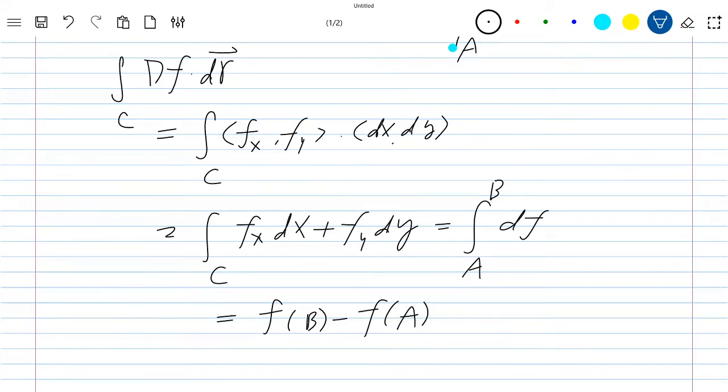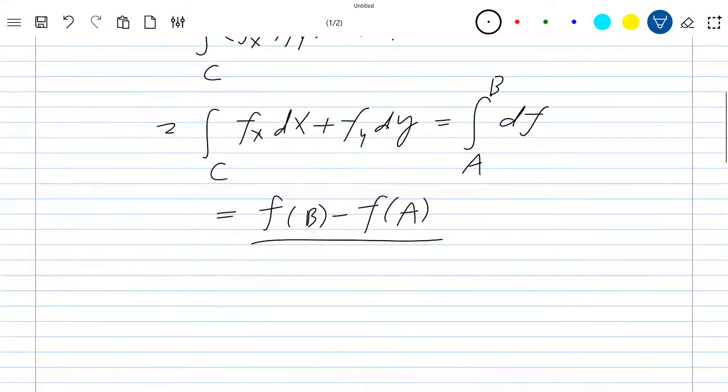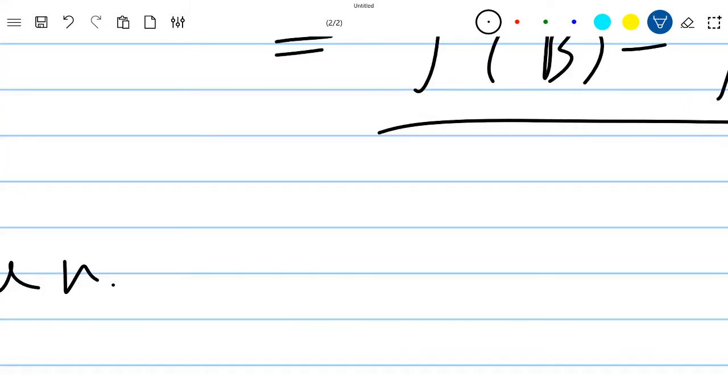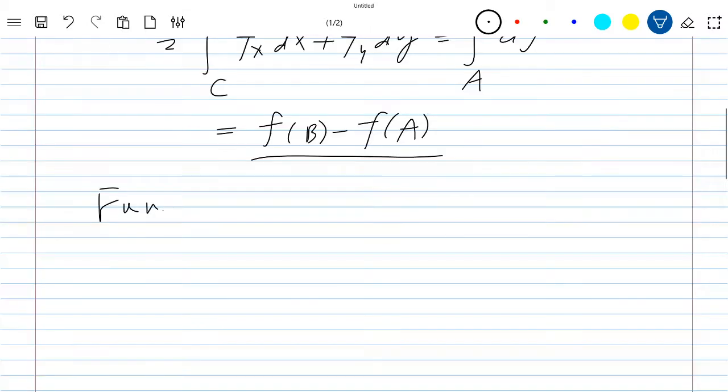And this means if you know f, then the integration itself is just the function evaluated at the two ends and then take the difference. And this is called the fundamental theorem of line integral.